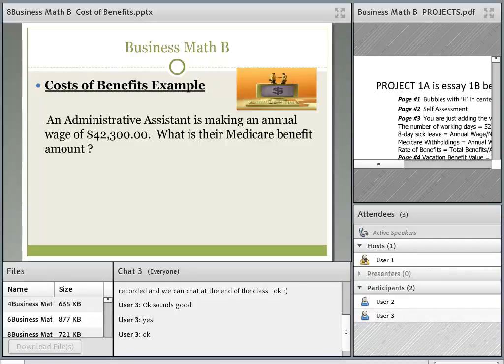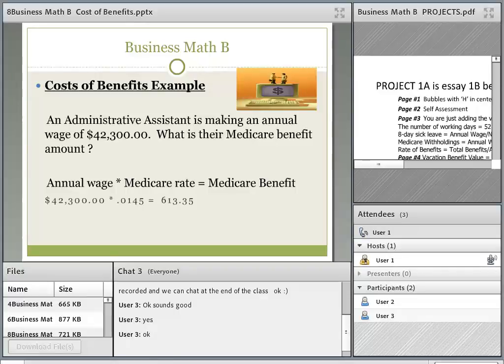What are you going to do to find this Medicare amount? Can you remember? You're going to take the annual wage and multiply it by the Medicare rate, and you'll get the Medicare benefit. You can type that on your calculator and see if you get that same answer. Okay?